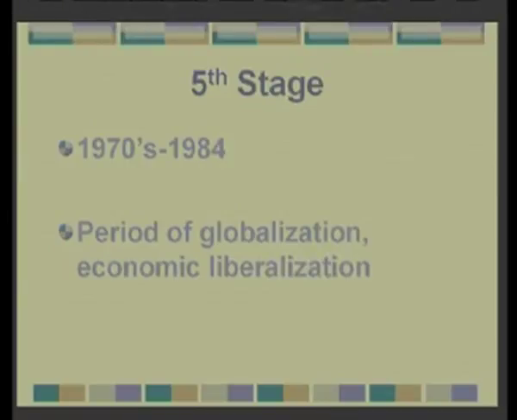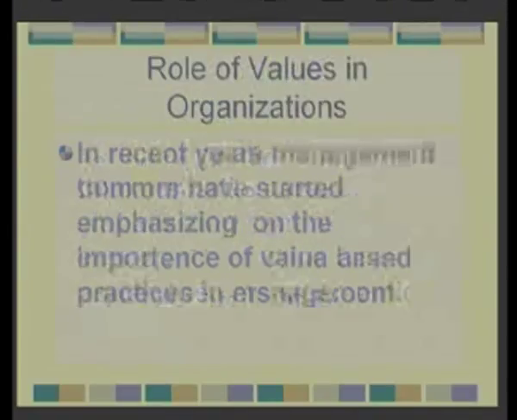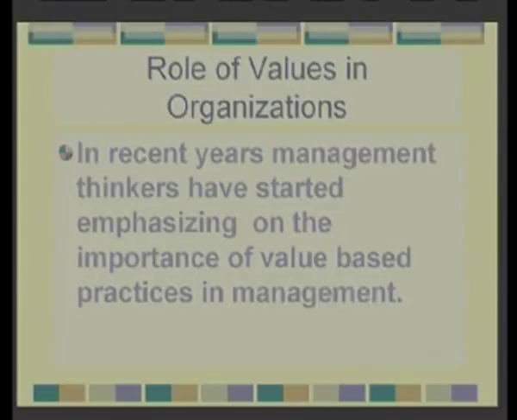Many of you might have read about it because it is not very long ago. And of course, from 1984 onwards, the period of IT and communication revolution. Globalization continues, with the emergence of China and India as centers of economic power. So, this is the way growth is taking place.